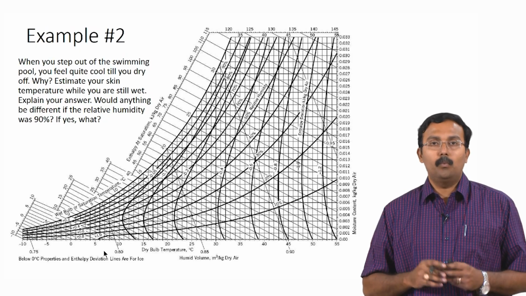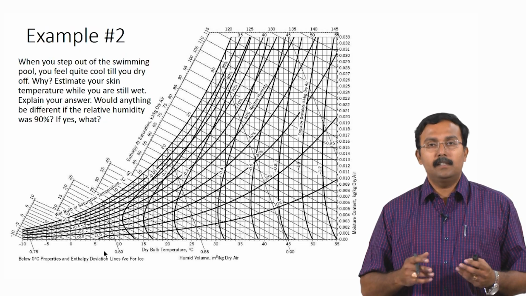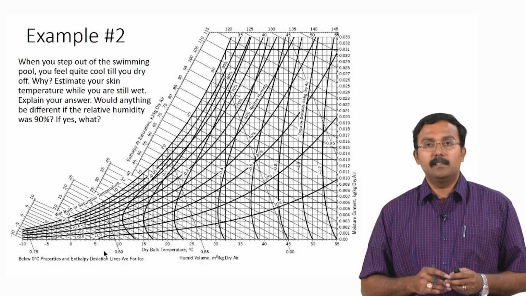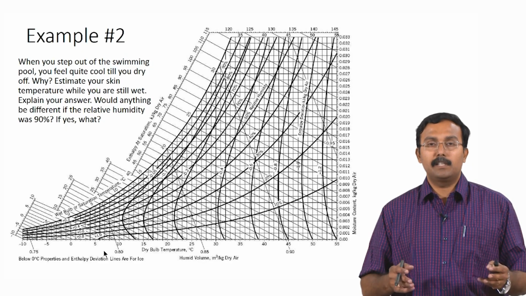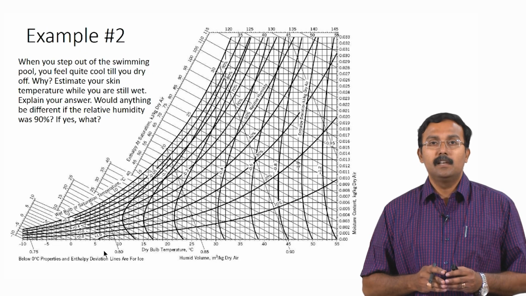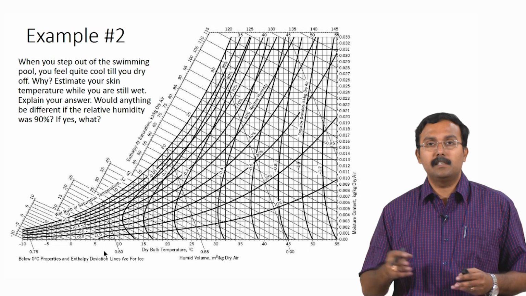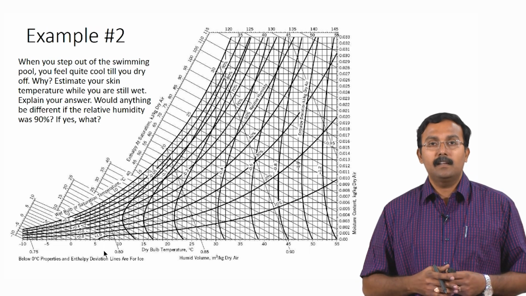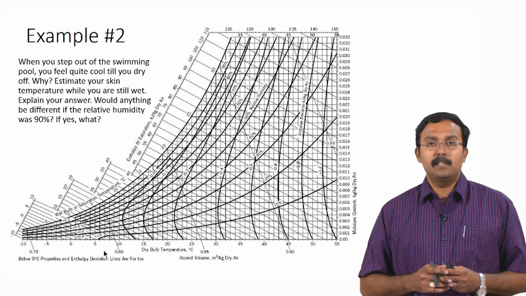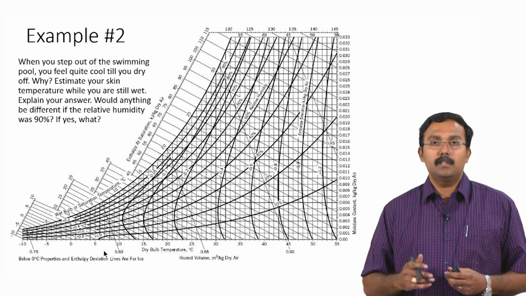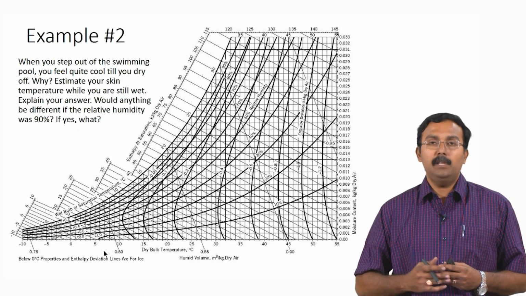First thing is, why are you feeling cold? Other than the fact being the temperature is 21 degrees Celsius, and most of us in India would never have experienced 21 degrees Celsius, especially people in South India like me. Other than that, why do you think you are experiencing the chillness? Because the water on your body would actually be evaporating.